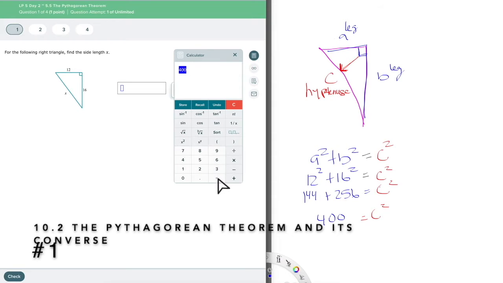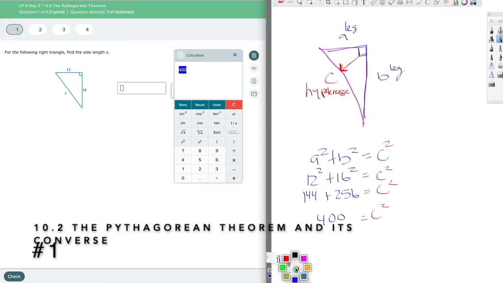So I get 400. And what we need to do at this point is what's called taking the square root, because this is C times C. That's what this equals, C times C. So if I have C times C and that gives me 400, what I want to know is what times what, the same two numbers, will get me 400. And this is called a square root.